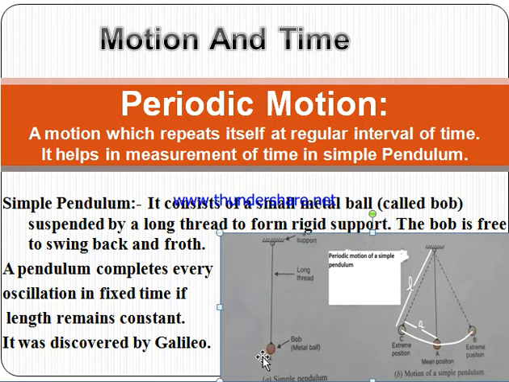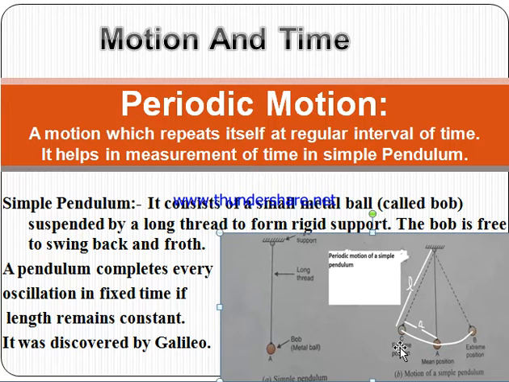When I stretch this bob to one side from position A to C and freely release it, it moves from C to A and then A to B. It continuously moves from B to C, C to B, B to C. This is known as periodic motion. A motion which repeats itself at a regular interval of time is known as periodic motion.